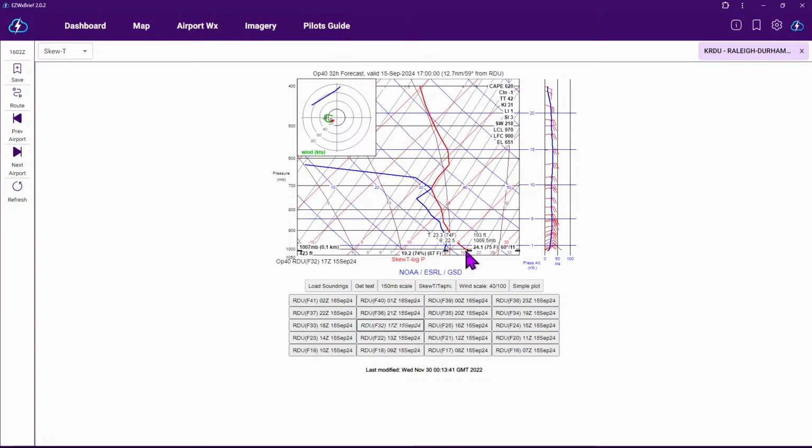And if we look at this from a standpoint of a little bit later in the afternoon, what we notice is that that CAPE is kind of limited here. That's the equilibrium level, kind of the top of this. We have this convective inhibition above that, and that's going to limit a lot of this buildup here to about maybe 12,000 feet or so.